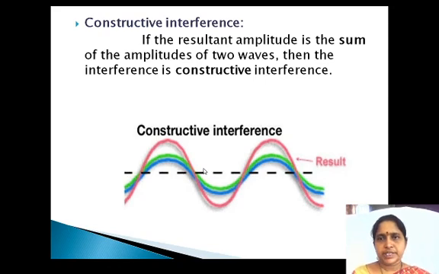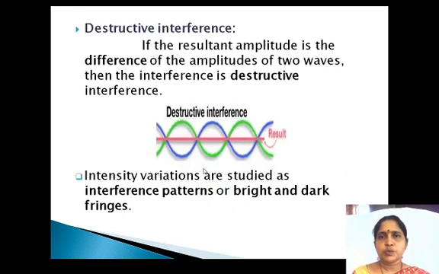When two waves superimpose out of phase, and the resultant amplitude is the difference of the amplitudes of the two waves, the interference is destructive interference.